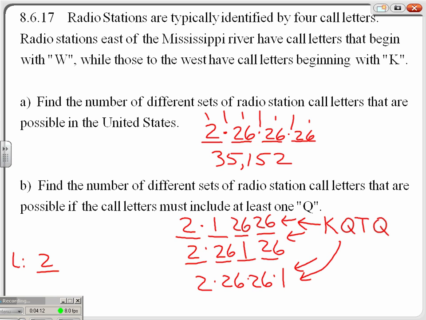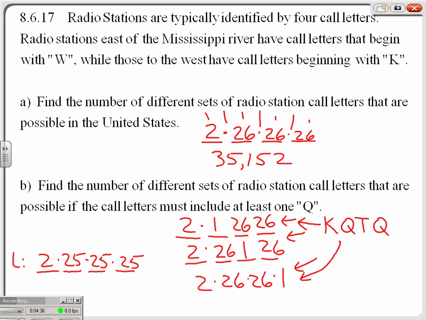Now we have to guarantee that we don't have any Q's. Well, we would not have Q's here if we just selected from 25 letters. And we would not have a Q here if we just selected from the other 25 and the other 25. That would be our number of choices that contain no Q.